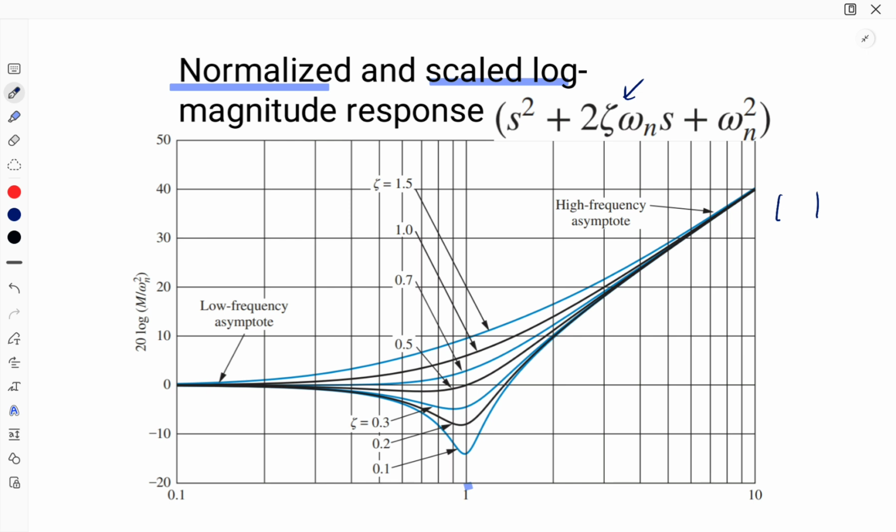So you find out, and then 20 log of that, and then you find out what will be the dip. So we start with 1, then the damping ratio is 0.5. That crosses 0. There's a slightly small dip under, but as the damping ratio increases, the curve looks smoothly going.